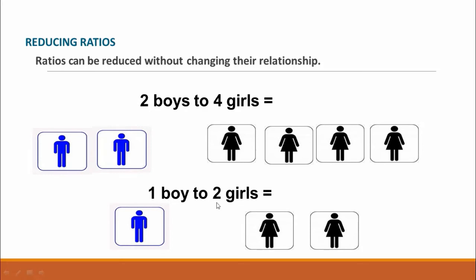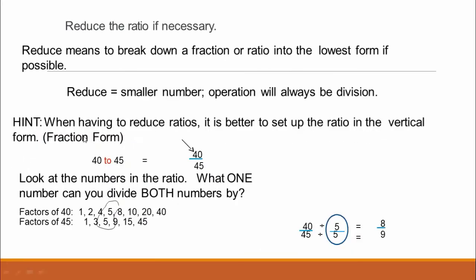If simplification is possible, then we can reduce the ratios. Now, how to reduce the ratio if necessary? I want to tell you again by this example. Reduce means to break down a fraction or ratio into the lowest form, the simplest form if possible. Reduce means smaller number. The operation will always be division.